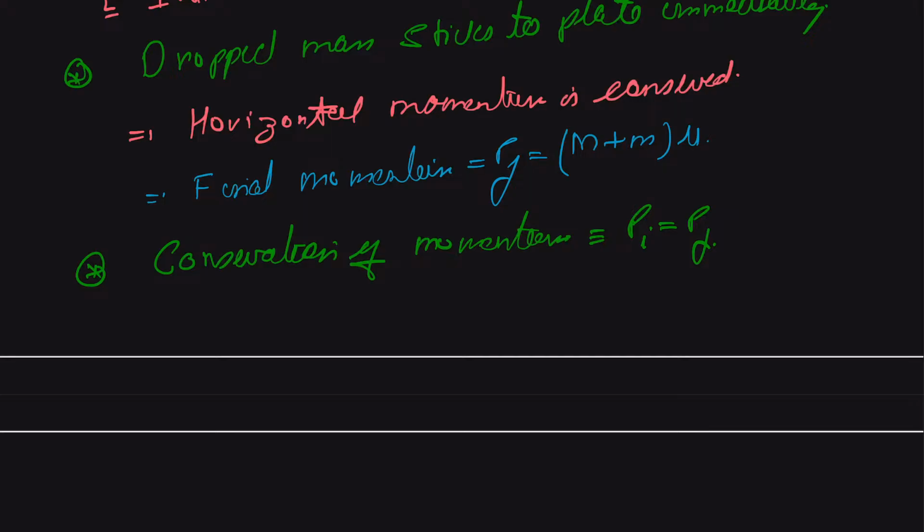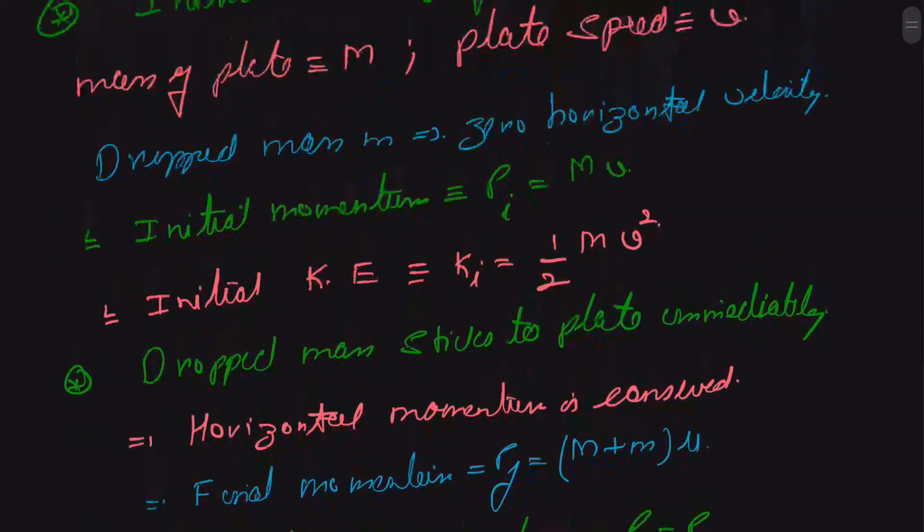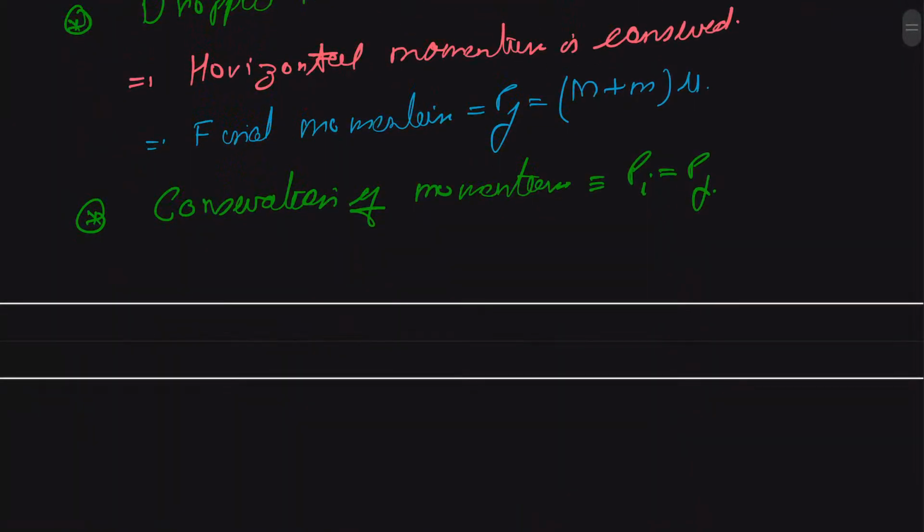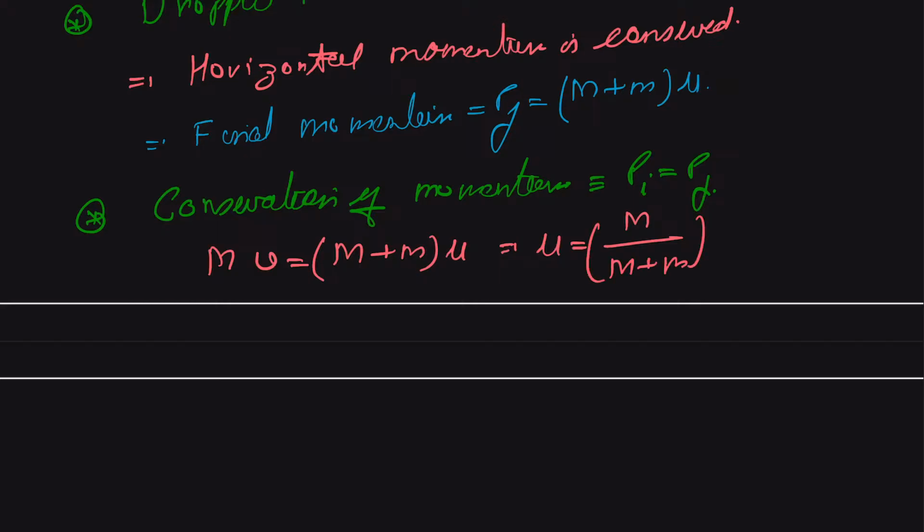Substitute the values, and P initial is M v and our final is M plus small m times u. And from here we can find out u is equal to M over M plus small m times v. So this is our final velocity when they are both traveling together.